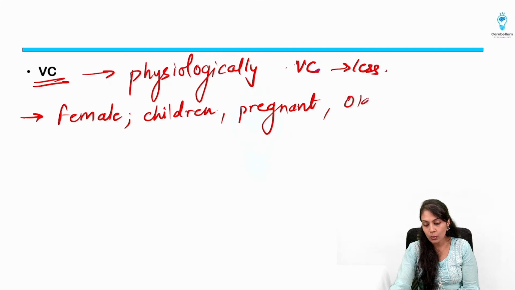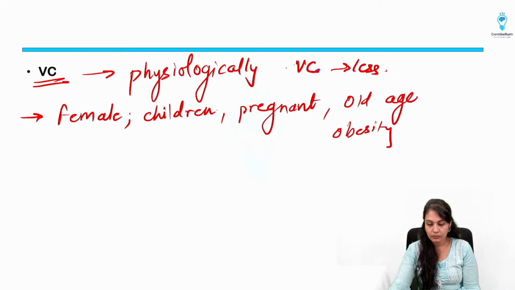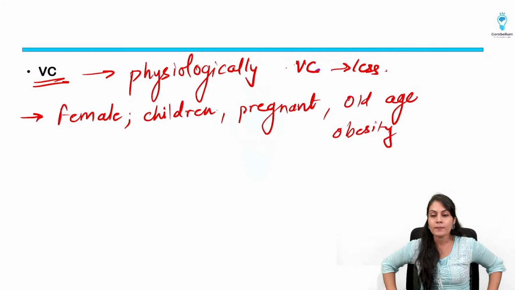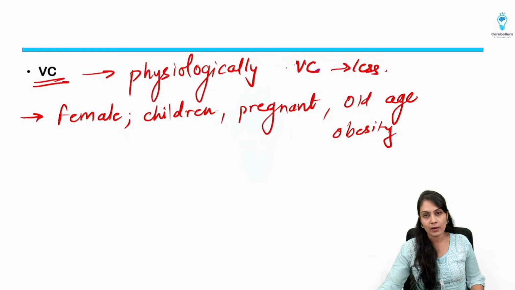Not only that, in old age we are going to lose the elasticity property and the contractility, or the force of contraction produced by the muscle, which is going to be lesser. So in all these conditions this is going to be lesser. Yes, in obesity also it is going to be lesser, right? Obese persons usually have lesser lean body mass, which is the body mass minus the fat.